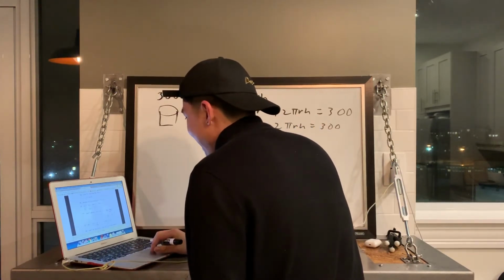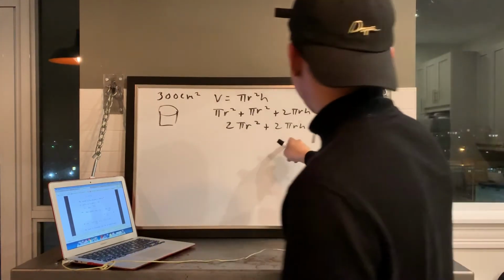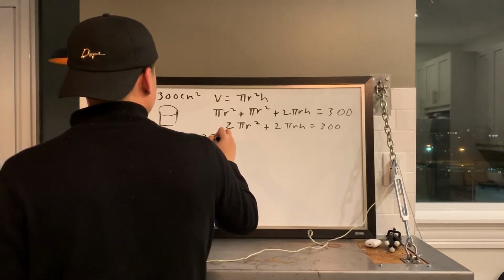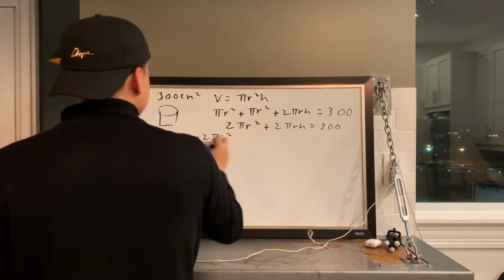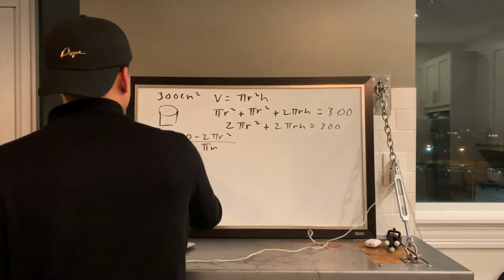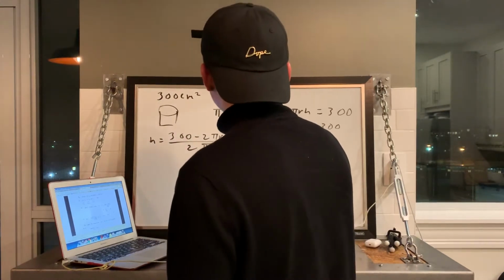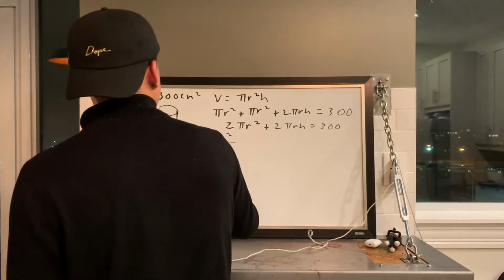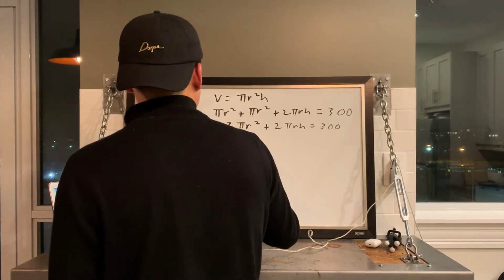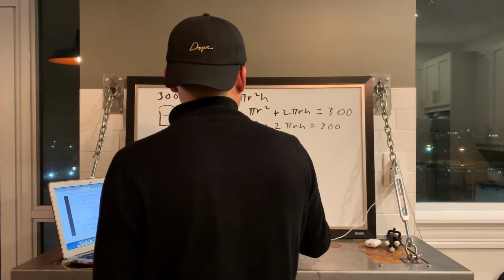So then what I could do is isolate for h. And that would be 300 minus 2 pi r squared, divided by 2 pi r. All that equals h. If I sub that in, then V equals pi r squared times 300 minus 2 pi r squared over 2 pi r.